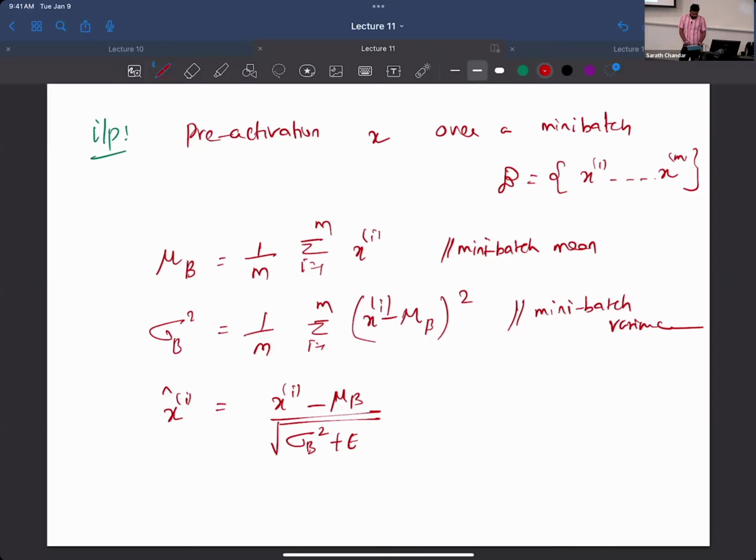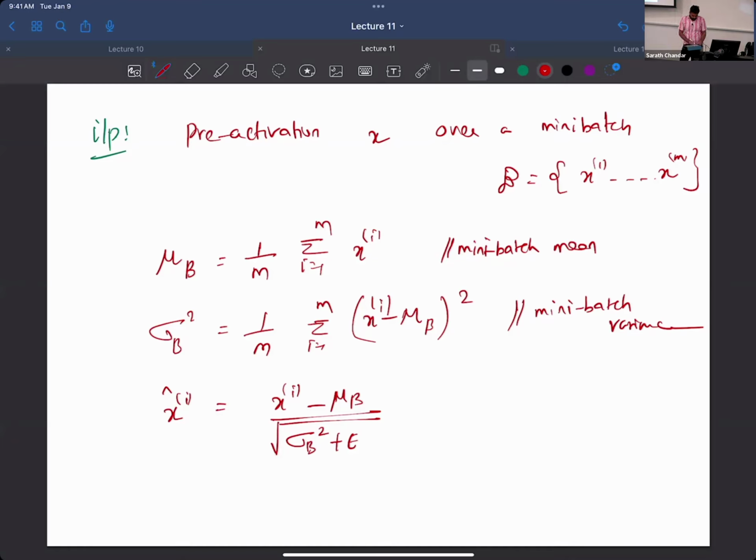Okay. So now here is the extra step in batch norm. Sometimes this kind of normalization is going to hurt the expressive nature of the model, because you're restricting to a small range. What if the actual problem requires a bigger range?